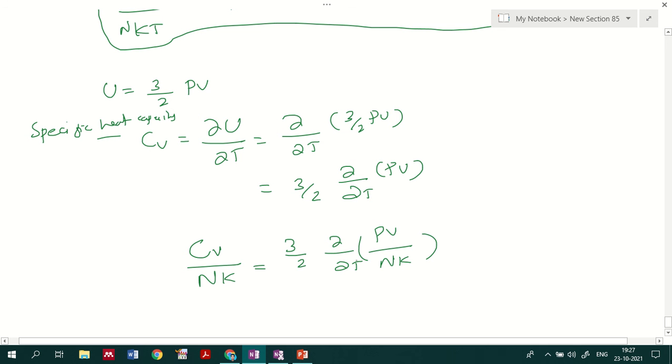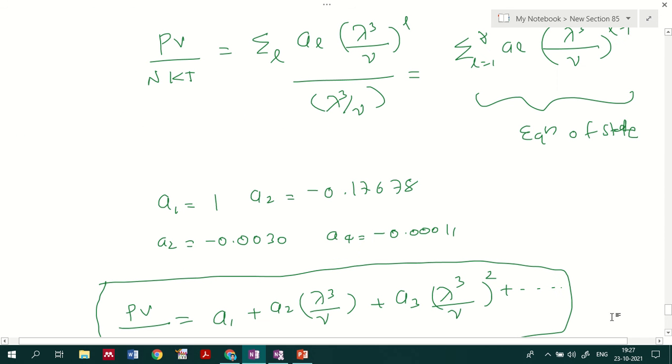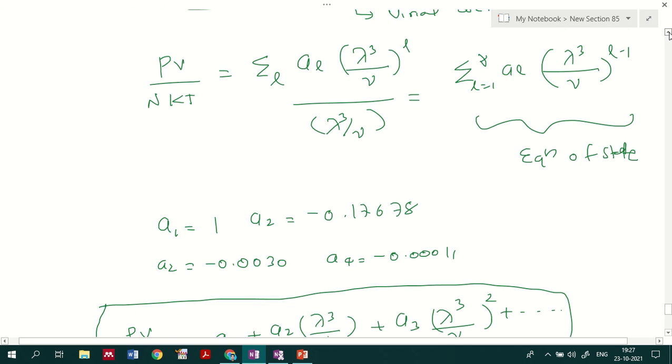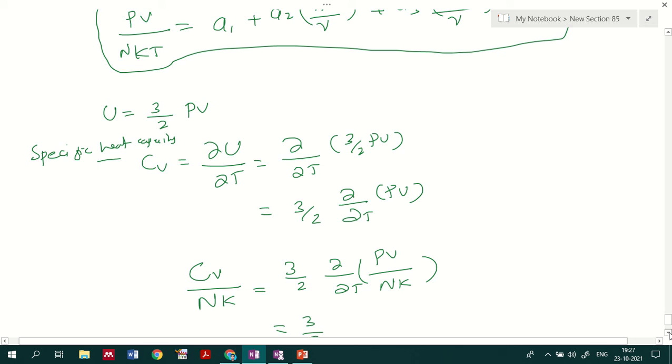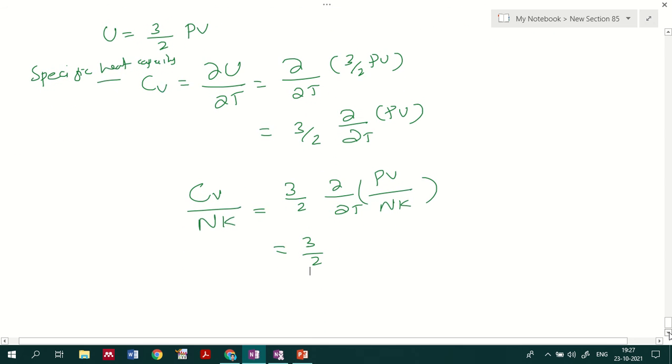We already found pV by NkT, which was sigma over l equal to 1 to infinity of a_l lambda cubed divided by nu raised to l minus 1, so we can substitute that. To get pV by Nk, there will be an additional multiplication of temperature as well.